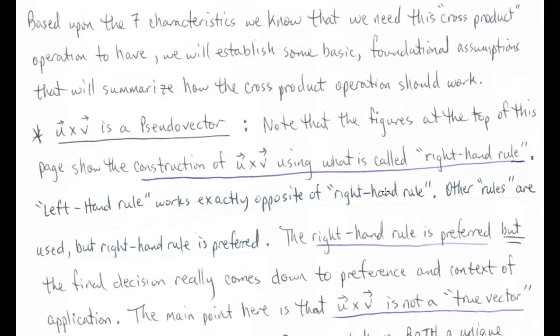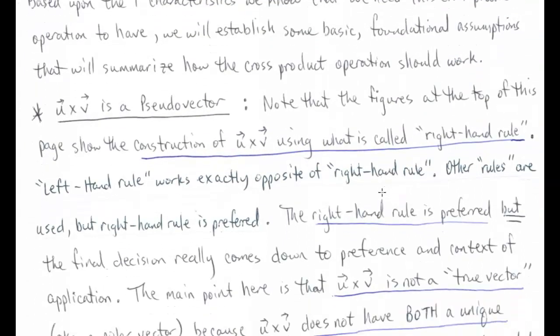Now, because depending upon whether u acts on v or v acts on u, this vector that we've been calling the cross product of vectors u and v, or u cross v, is actually what we call a pseudo vector. It's not actually quite like a real vector.